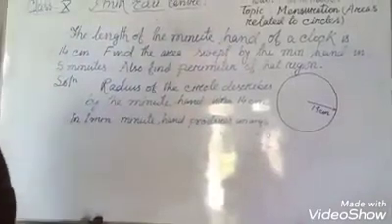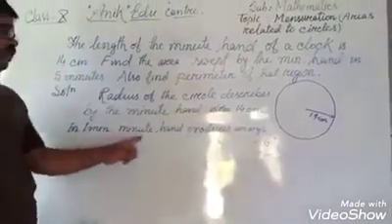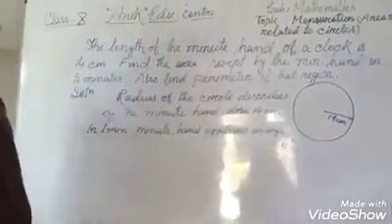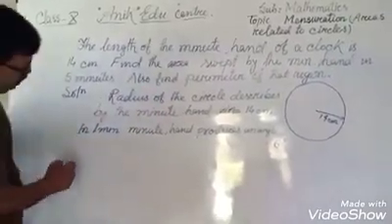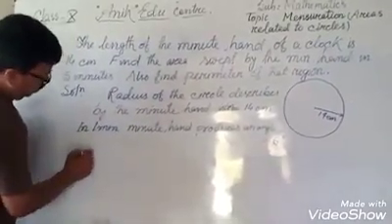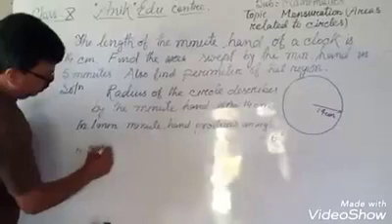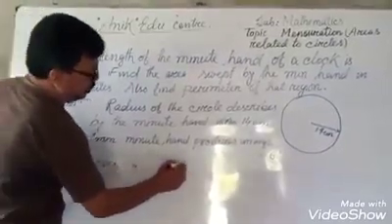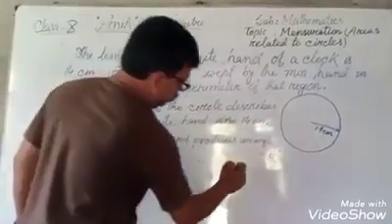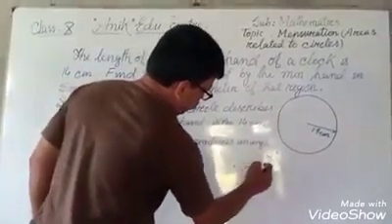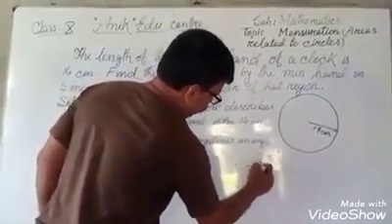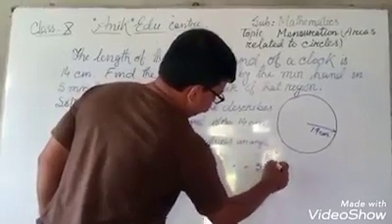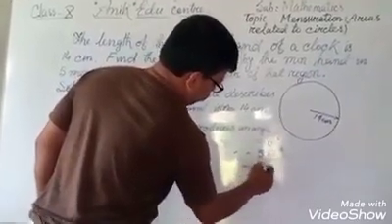We know this. In 1 minute, minute hand produces an angle 6 degree. Therefore, in 5 minutes, minute hand produces an angle equal to 5 into 6 degree is equal to 30 degree.